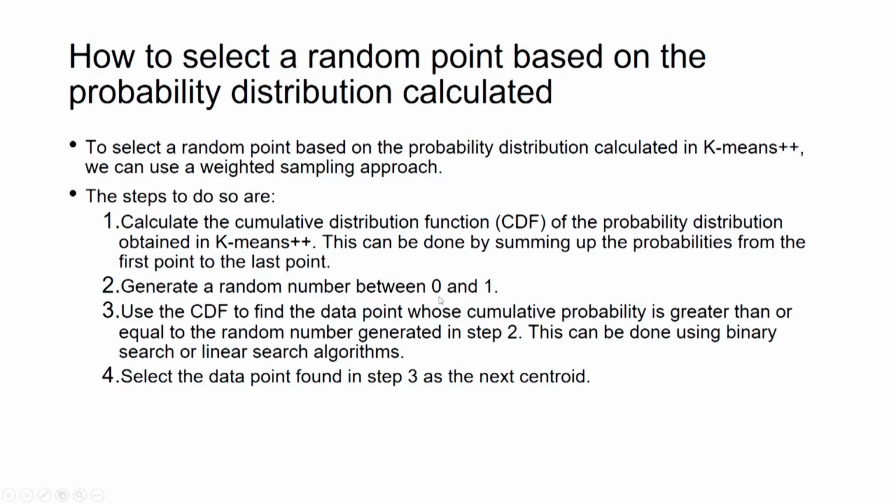For that, we generate a random number between 0 and 1, and using the cumulative distribution function that we found from the probability distribution, we find the data point whose cumulative probability is just greater than or equal to the random number generated, and that data point we select as the next centroid.